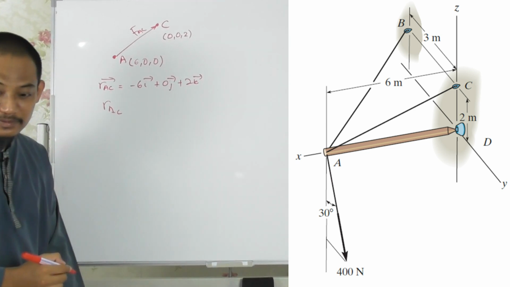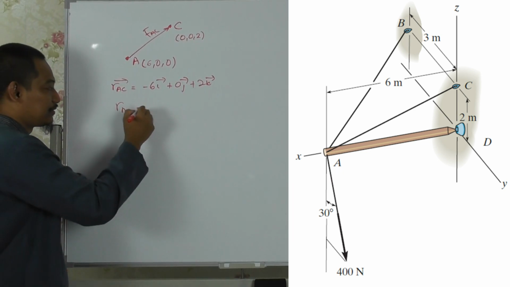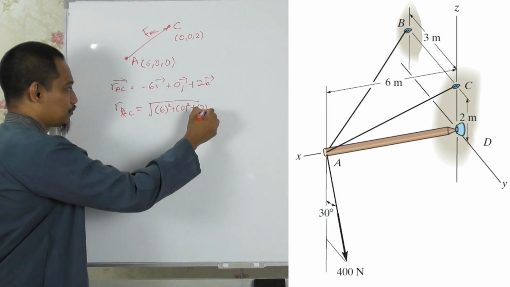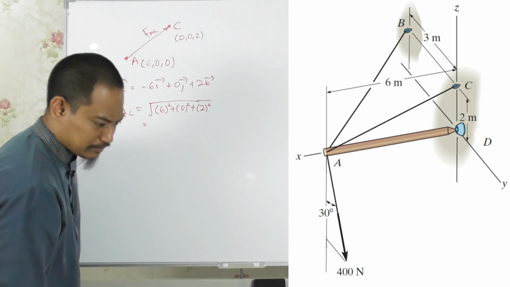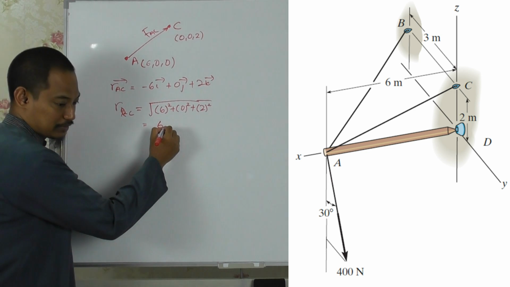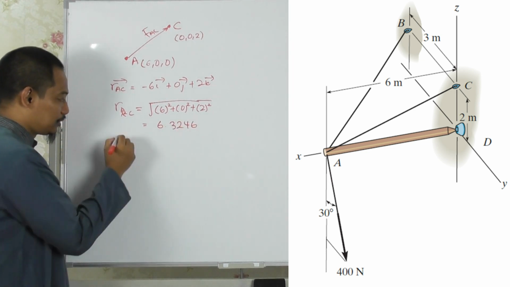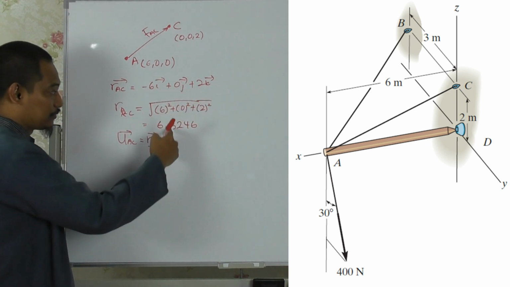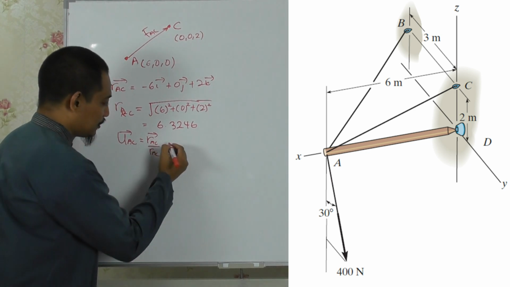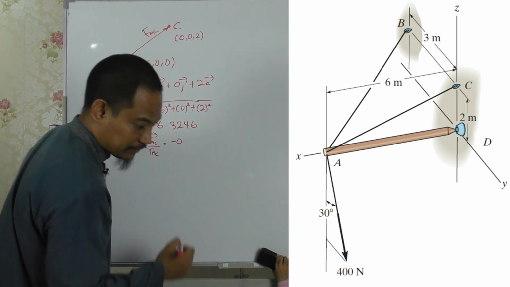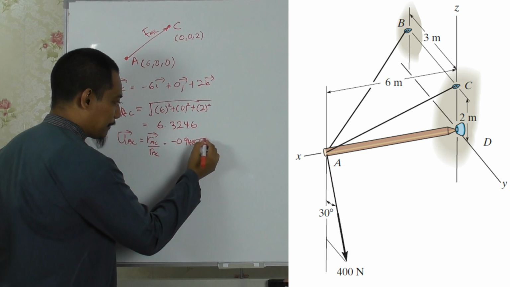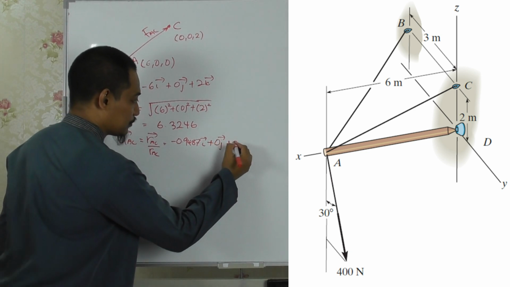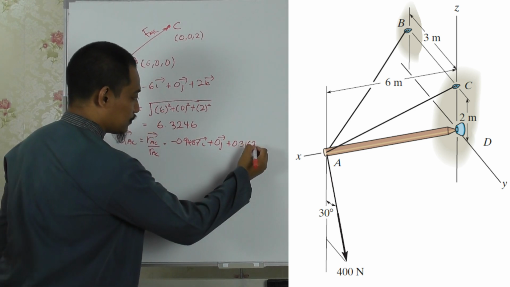For the magnitude of RAC, square root of 6 squared plus 0 squared plus 2 squared, you get 6.3246. The unit vector of AC is RAC vector divided by RAC magnitude, so you will get decimal numbers: minus 0.9487i plus 0j plus 0.3162k.